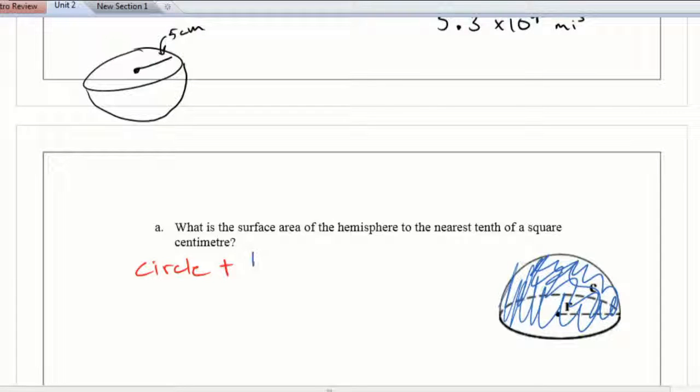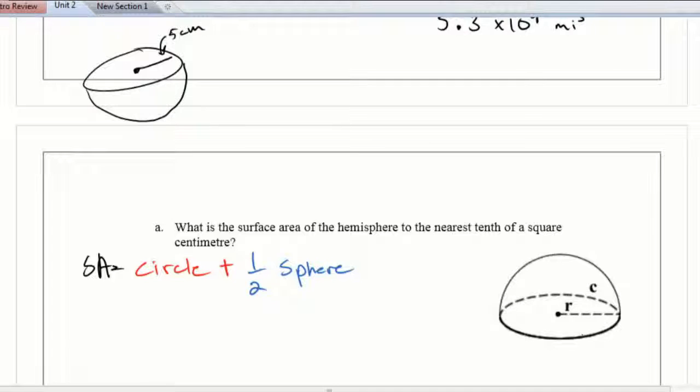So I don't know, I could write it as 1/2 a sphere. So that's going to be my surface area. Hopefully that makes sense. I have that blue half a sphere, and then I had that red circle on the bottom. So if I can find the circle and the half a sphere together, I could probably just add them together and figure out what the surface area is going to be.